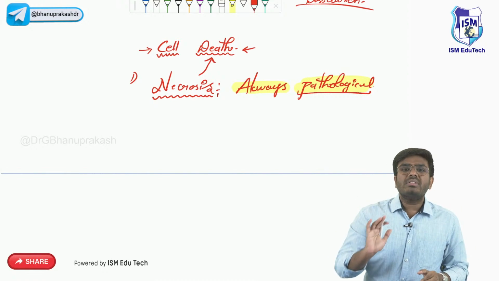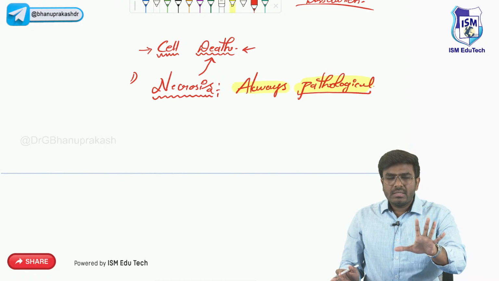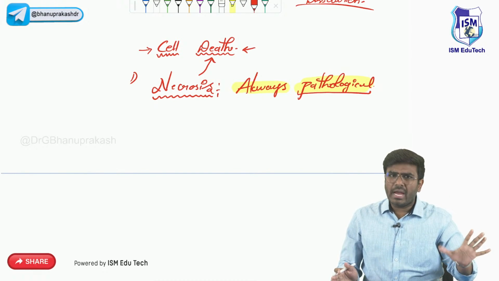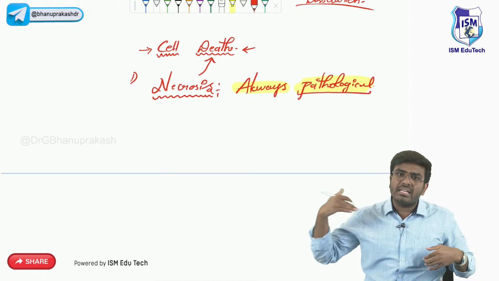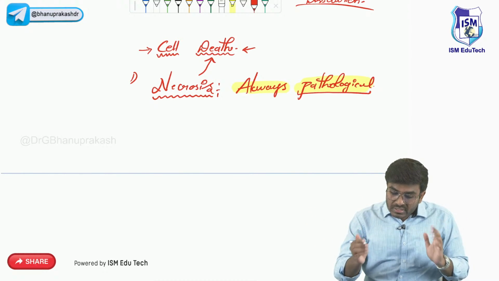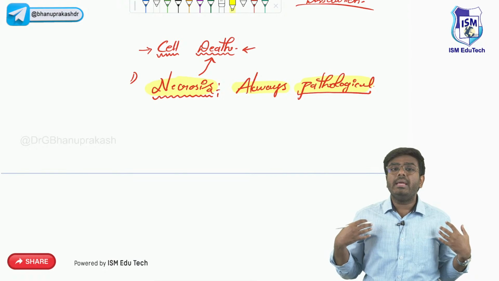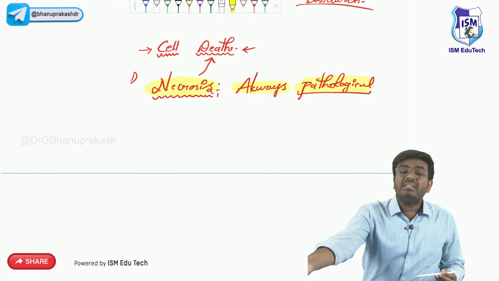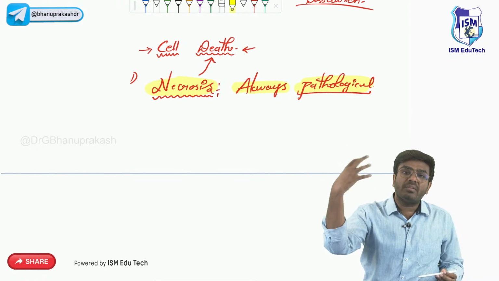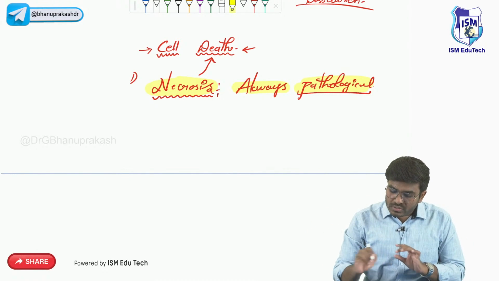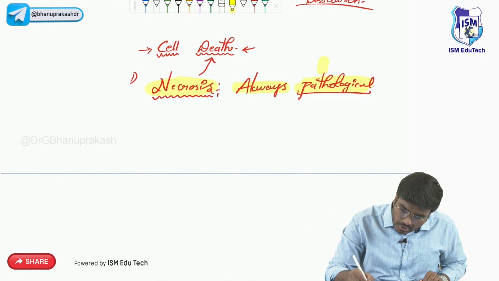But necrosis is like a murder. Murder is all the time pathological, right? I don't want to die, but if some person comes and kills me, what can I do? Likewise, the cell doesn't want to die, but because of some external influence, like infection or some immunologically mediated process, the cell is dying. So necrosis is always pathological.